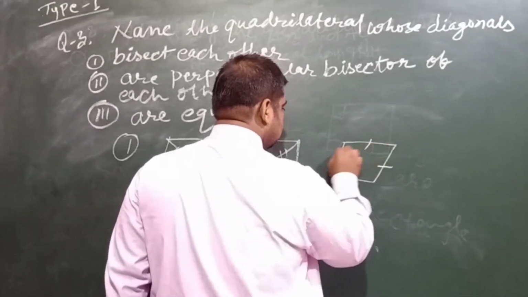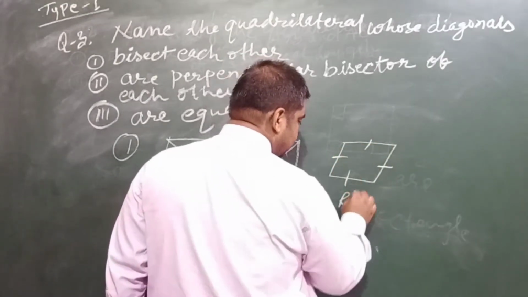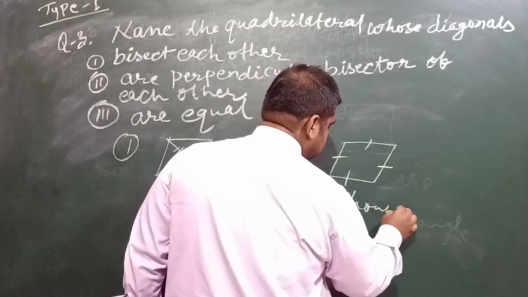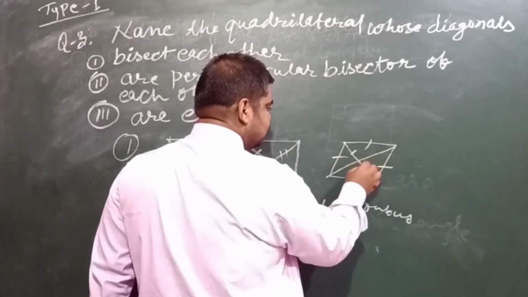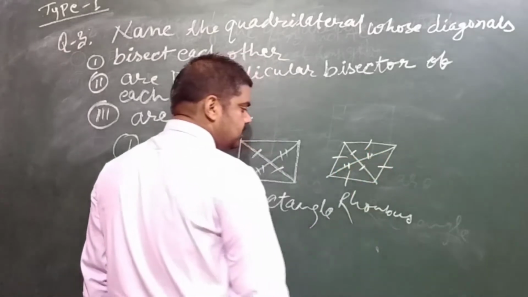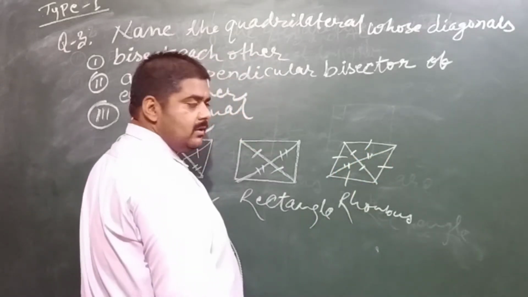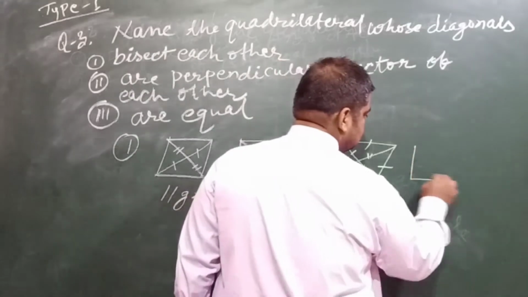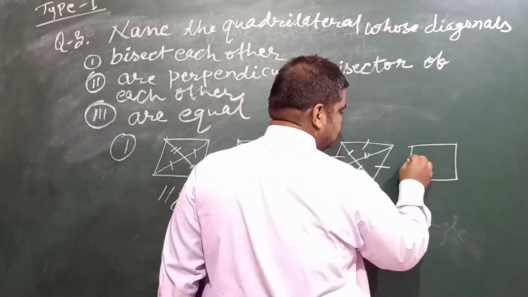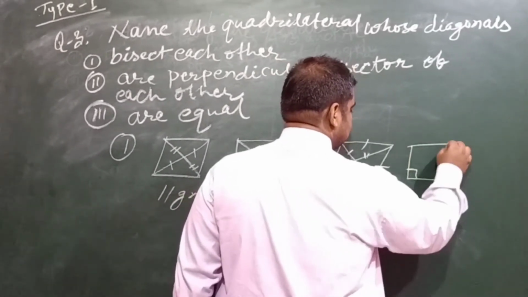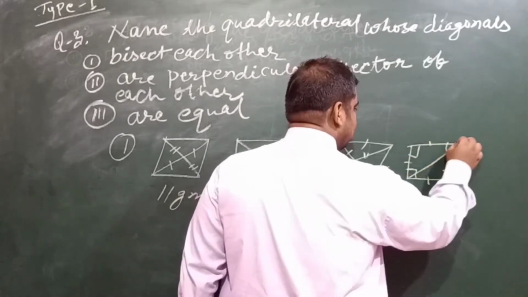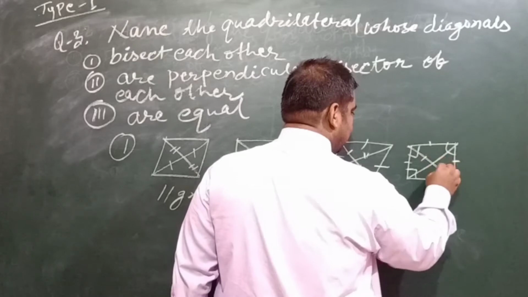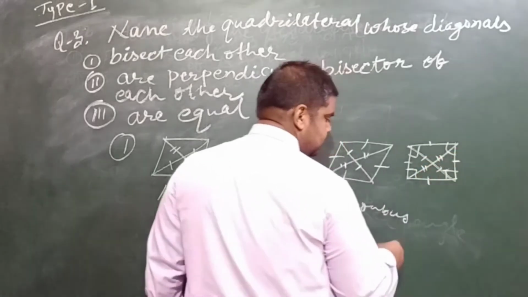Then you can use rhombus. You know that in the case of a rhombus, its diagonals also bisect each other. So the third option may be rhombus, and the fourth you may use is square, because in the case of a square, its diagonals also bisect each other.